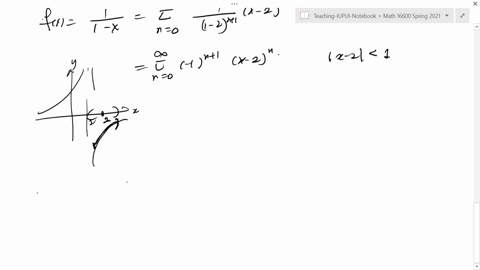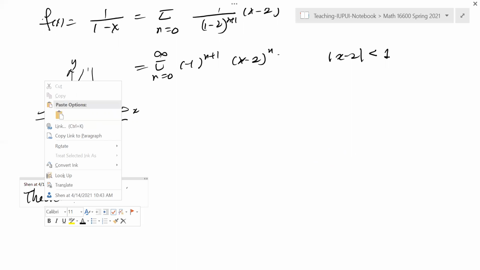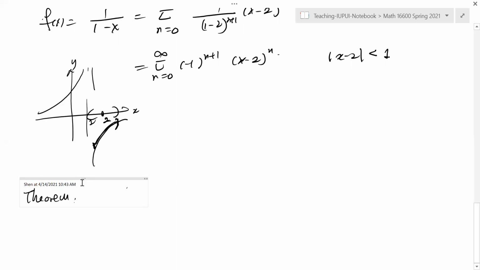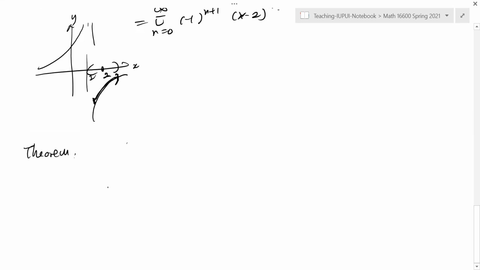But now there is an important theorem for a general power series. We consider a power series, where I use c n here for the constants.